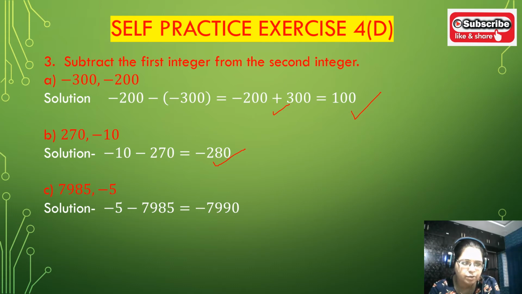Minus 5 minus 7985 is minus, just add the number without the sign. 5 plus 7985 is 7990 and both are negative integer, negative sign. So just add the negative sign before the integer 7990. So we get minus 7990.